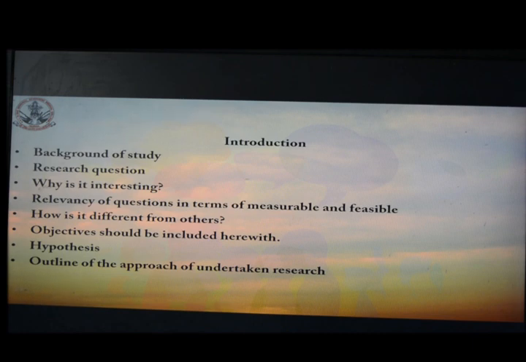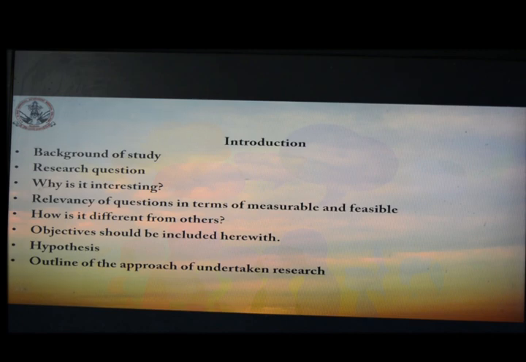That introduction includes various parts like the background of the study in reference to the problem statement. Then we have to ask the question of research. Then why it is interesting, and support this with other relevant literature, citing references. Questions must be relevant, measurable and feasible. Then we narrow down the questions to give a clear idea about the topic, and then we specify how this topic is different from others.